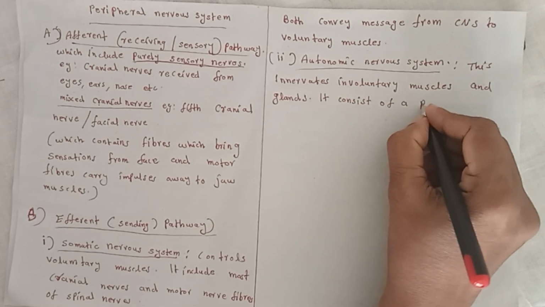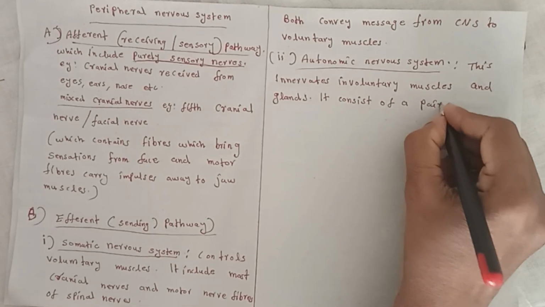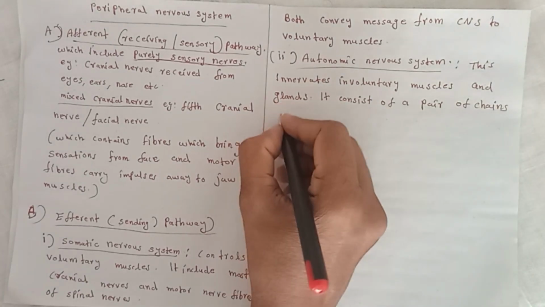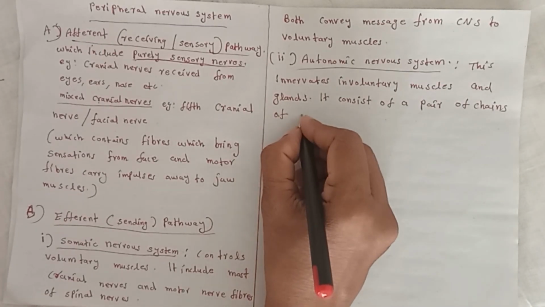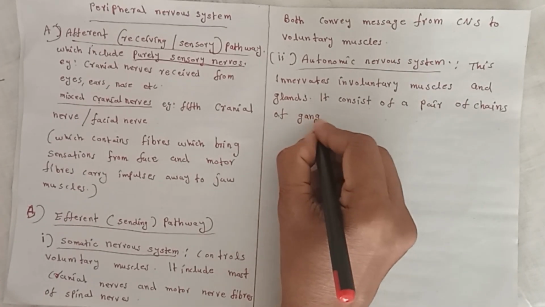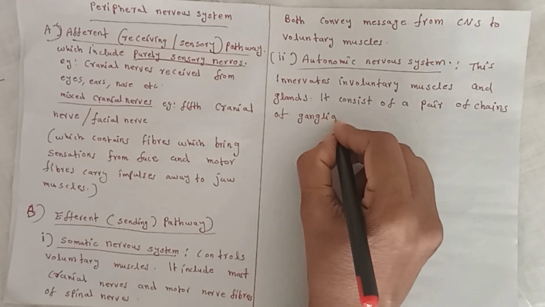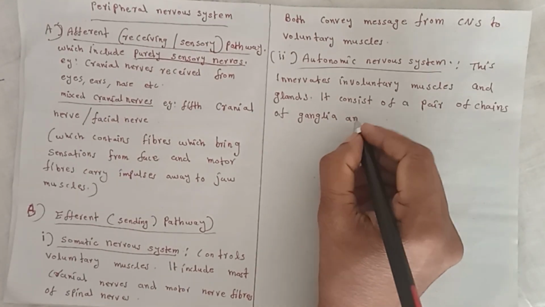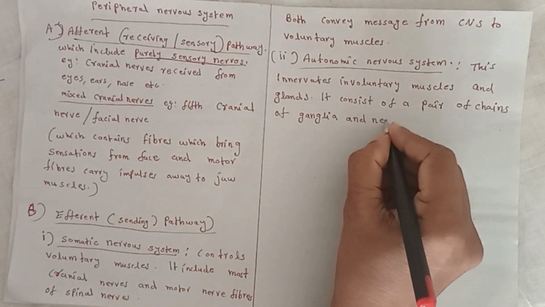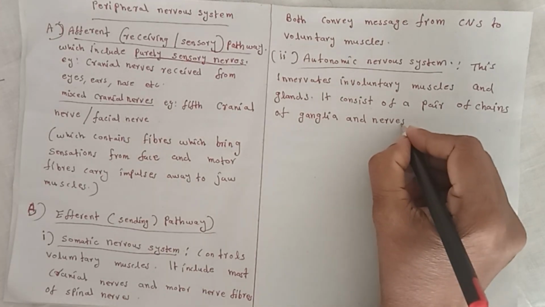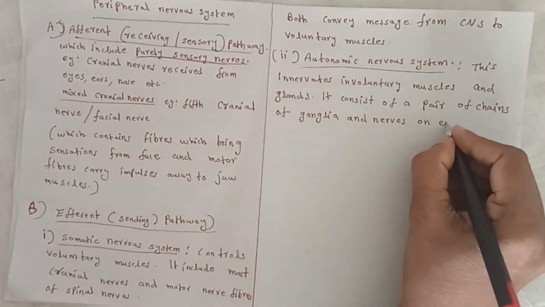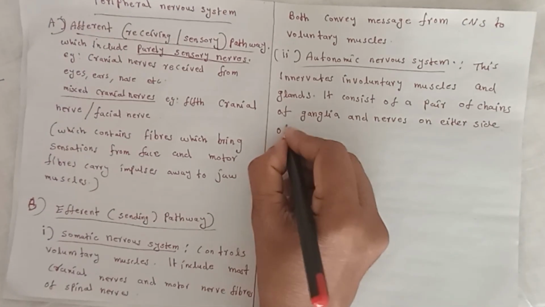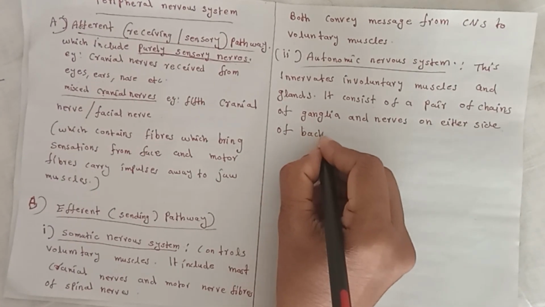A pair of chains, left and right side, a pair of chains of ganglia and associated nerves on either side of the backbone.